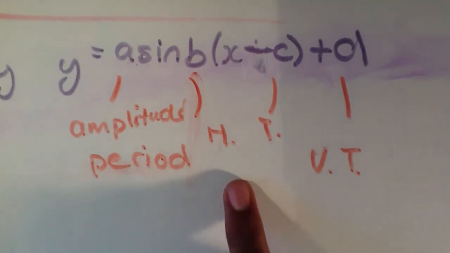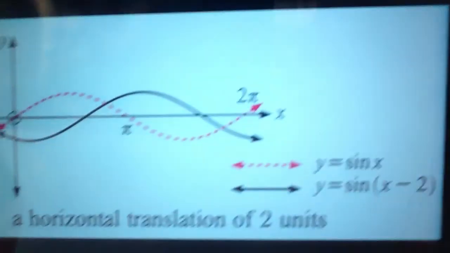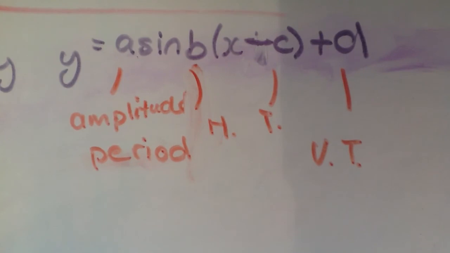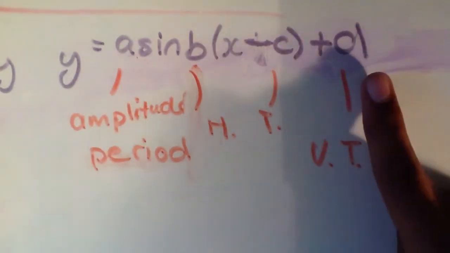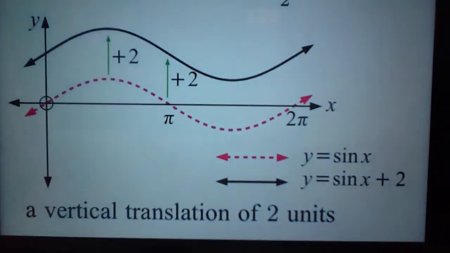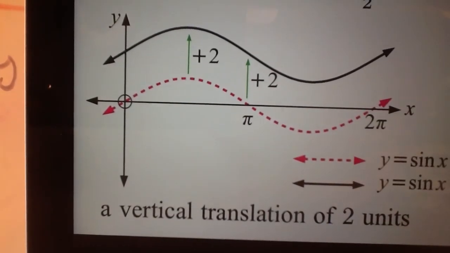If we do a horizontal translation of 2, the graph would move 2 units back. And if we do a vertical translation, the function would move further up the y-axis.